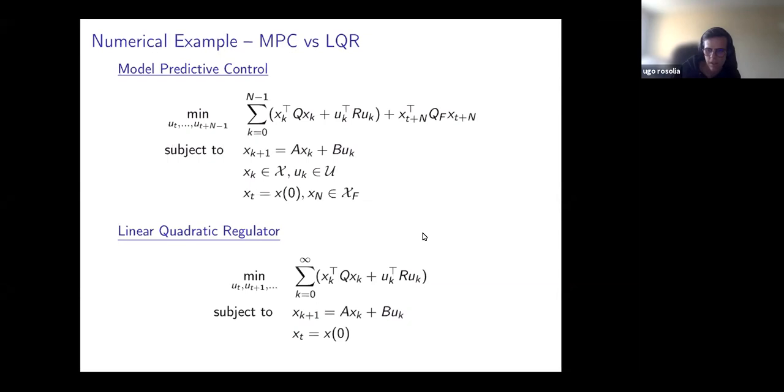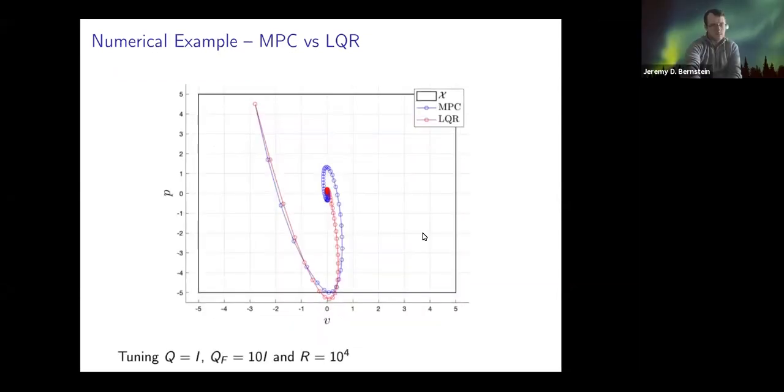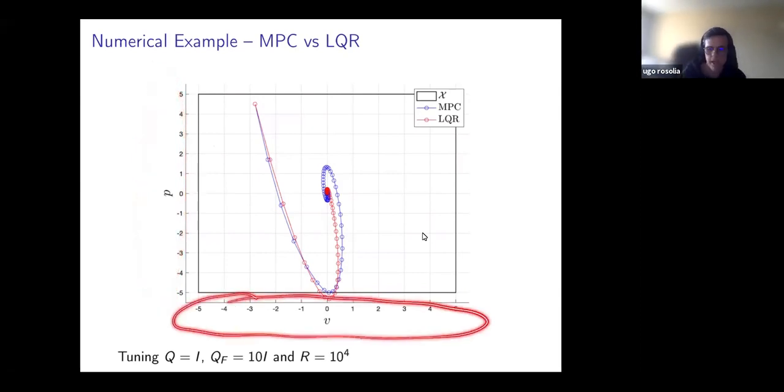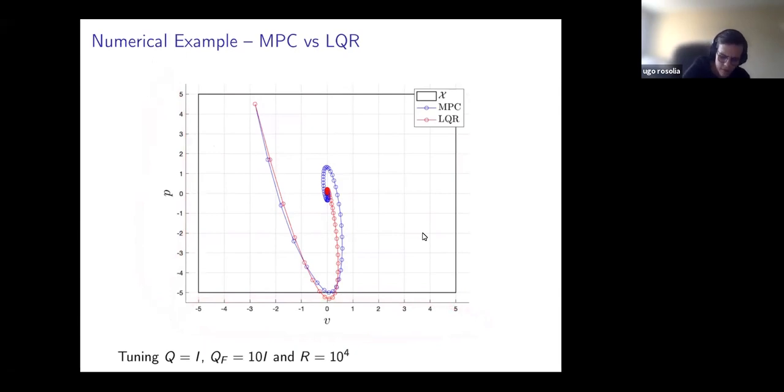Okay, so now let's see how these two controllers can be used to solve our drone regulation problem. In this figure, on the y-axis we have the position over the vertical direction, and on the x-axis the velocity. Here we have an initial condition x of 0, with a positive position and a down-facing velocity.